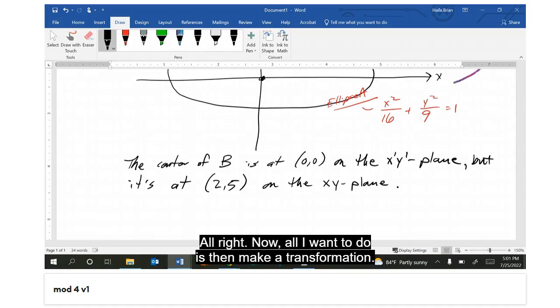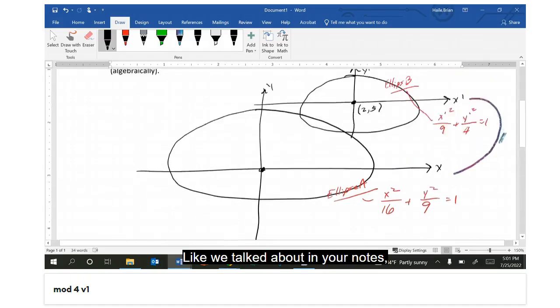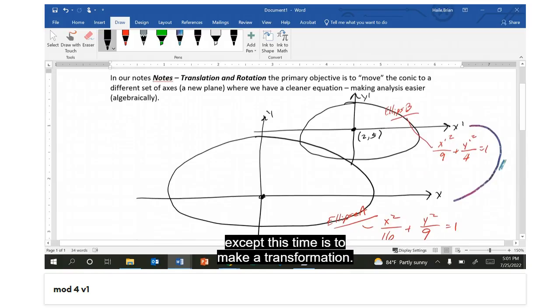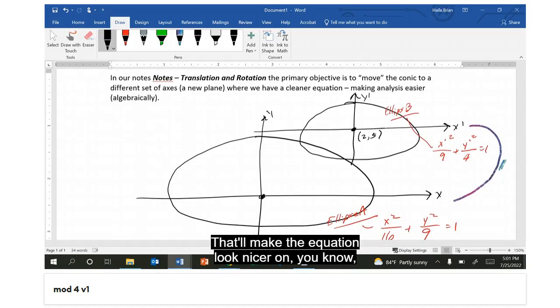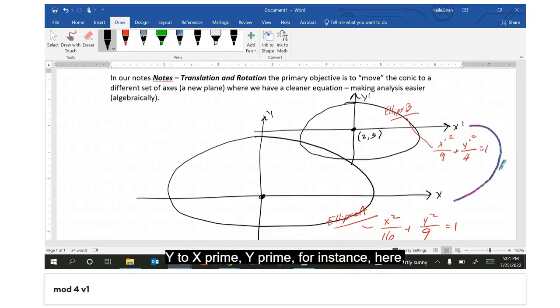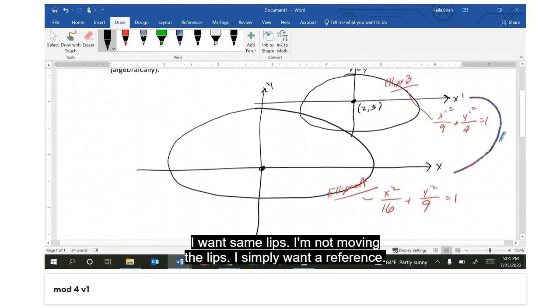All right. Now, all I want to do is make a transformation like you talked about in your notes, except this time instead of making a transformation that'll make the equation look nicer on a different plane, in other words, from going from xy to x prime y prime, here I want the same ellipse.